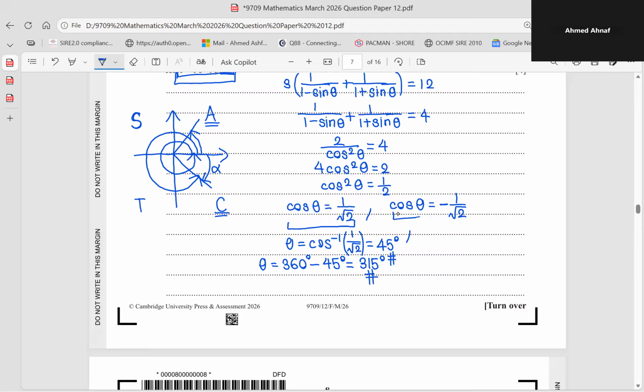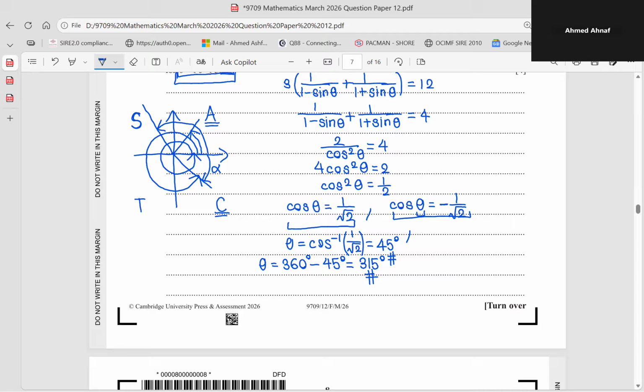Now let's solve the second one. As we can see, this one has the same magnitude, except that it has a negative sign. So the quadrants for this second expression are different: the second and the third quadrant. Let's find the second quadrant first. Theta is going to look roughly like this.